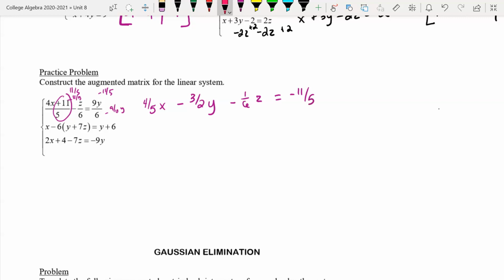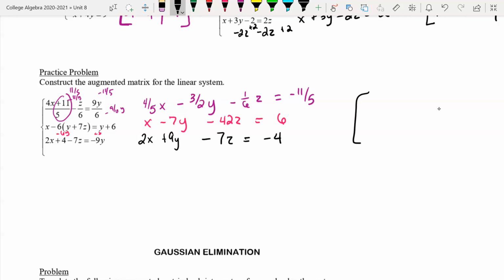So that first fraction is kind of a tough one on the first equation. Next one I have to distribute. So I'm going to get an x. I have -6y, but I'm going to subtract the y over, so it's going to be -7y. Minus 42z equals 6. And then the bottom equation, it should have been 2x plus 9y minus 7z equals -4.